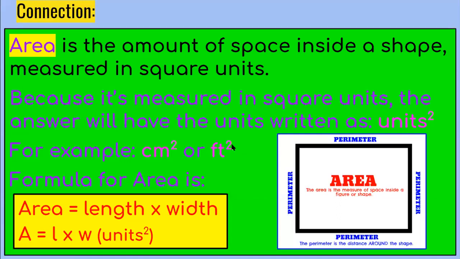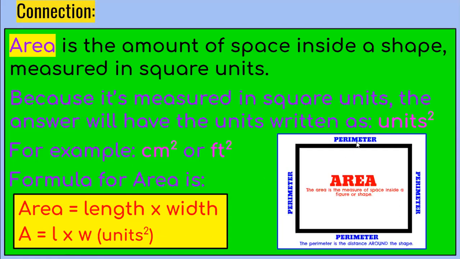That's how you know they're giving you an area. The formula for area is length times width, L times W in units squared. So if a question asks, what is the area of this rectangle? You're going to multiply whatever the length is times the width, and you will get the area.